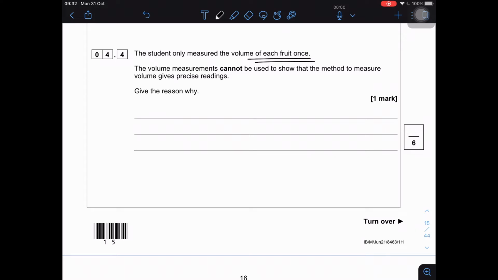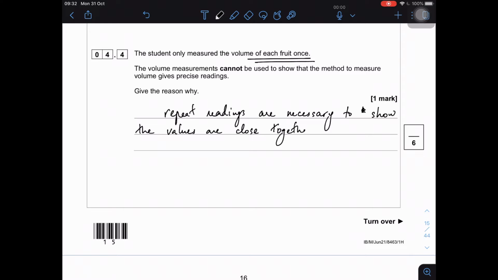So repeat readings are necessary to show values are close together. Alright, that's it.